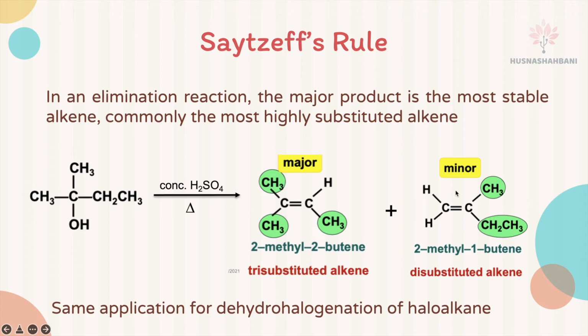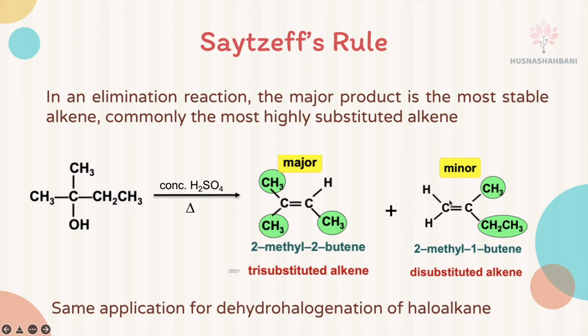The minor product is di-substituted only, because this OH group is removed from this carbon, and the hydrogen here is removed from this carbon, making the carbon-carbon double bond between these two carbons. When the carbon-carbon double bond forms between these two carbons, it only has a di-substituted alkene.